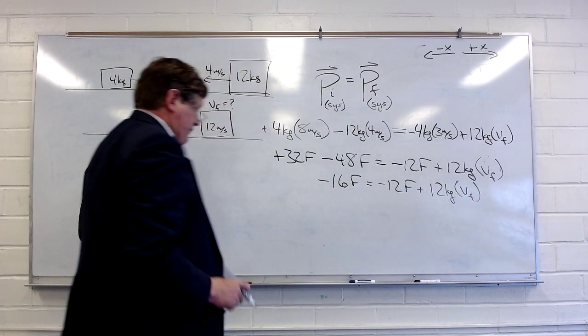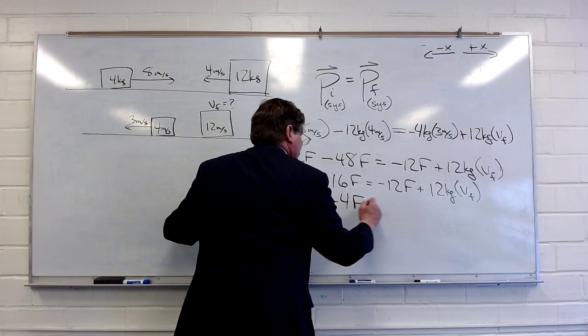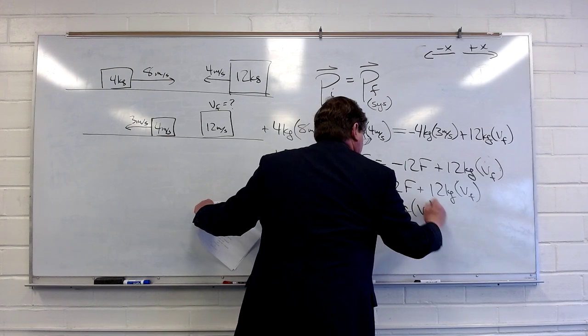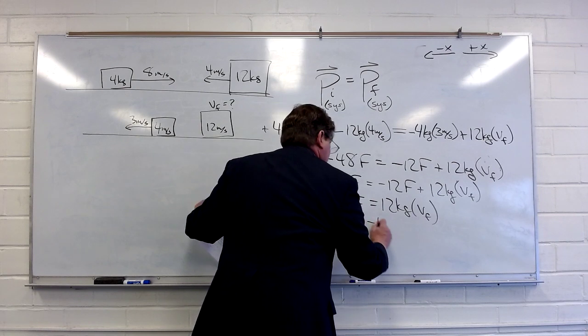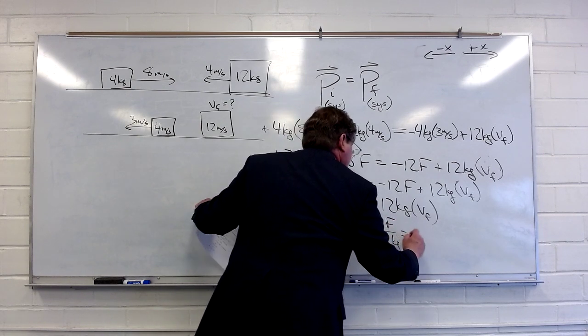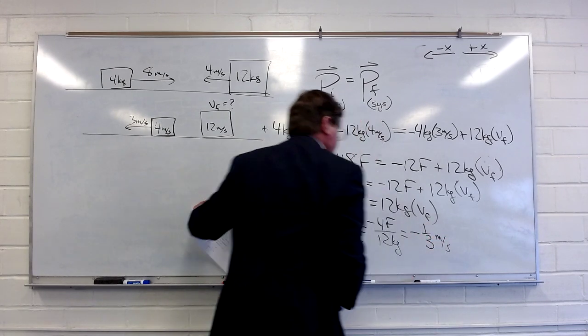And if I bring the negative 12 over, I get negative 4 kg·m/s is equal to 12 kilograms V final. And this is going to give me a V final of negative 4 kg·m/s over 12 kilograms, or negative 1/3 meters per second.